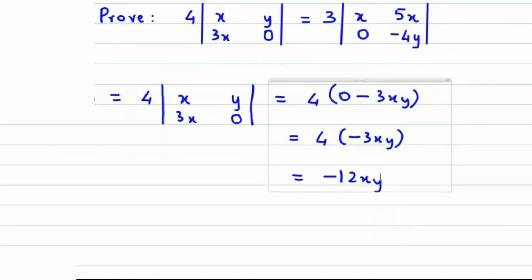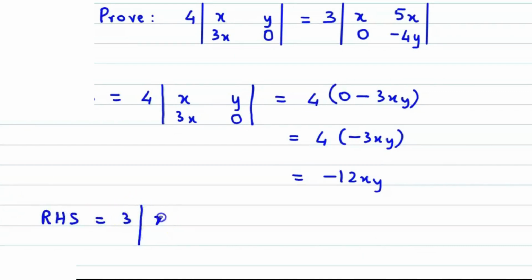Now we go for the right hand side. On the right hand side we have 3 times the determinant of x, 5x, 0, minus 4y. Again we just open the determinant here, so we have 3 times x into minus 4y, so that's minus 4xy, minus 0 into 5x, that's 0.